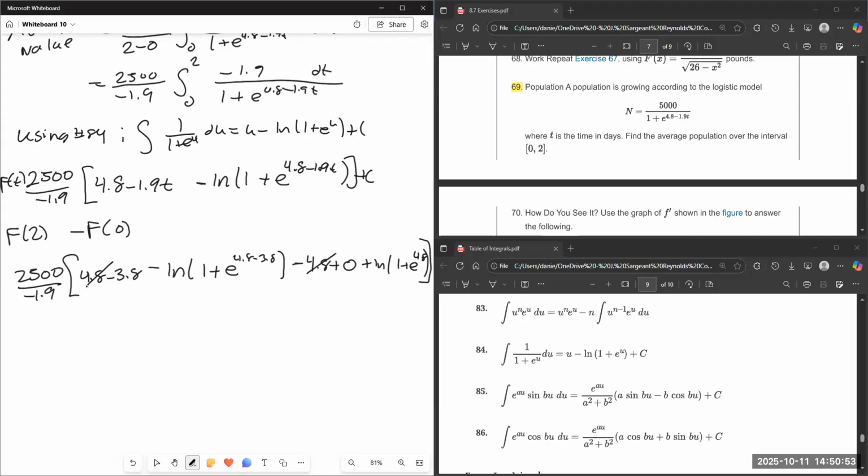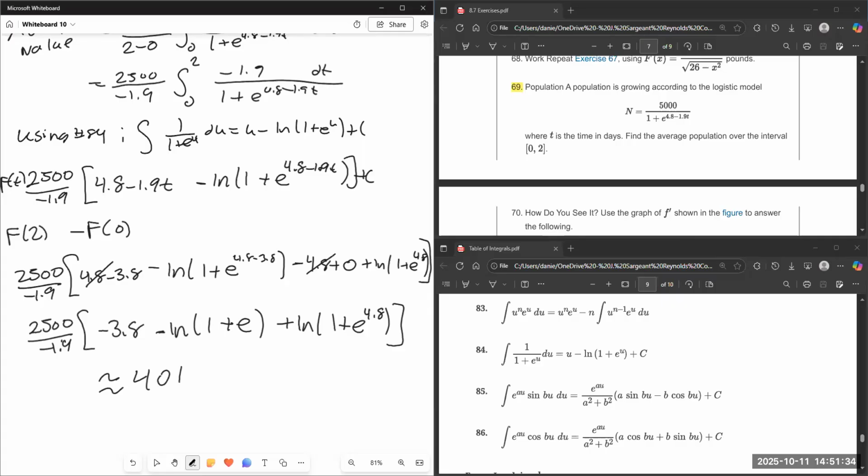So 4.8 minus 4.8 will go away, and we have 2,500 over negative 1.9 times negative 3.8 minus ln of 1 plus e to the first plus ln of 1 plus e to the 4.8, and you can put that into your calculator at this point and get approximately 401.4.